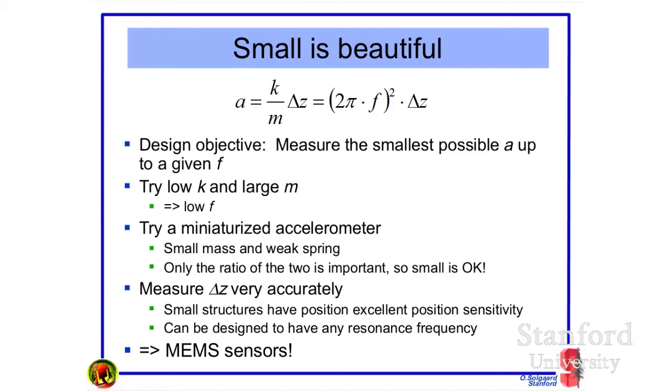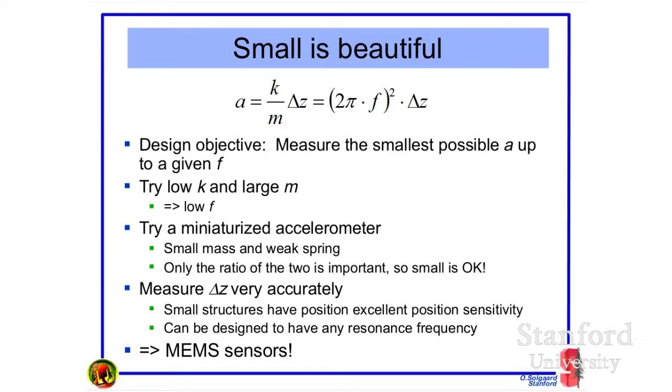If you take a look at that resonance frequency definition, it goes as the square root of the spring constant over the mass. So that attempt isn't very good. Making a good sensor by making a very weak spring and a large mass, well, it sort of works, but it doesn't work for the frequencies that we're interested in.